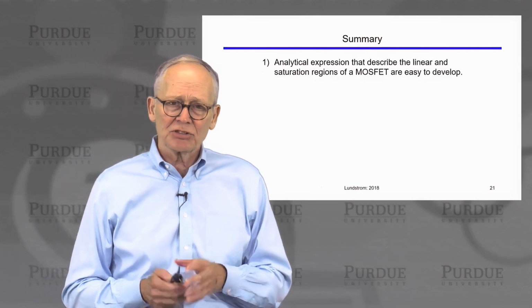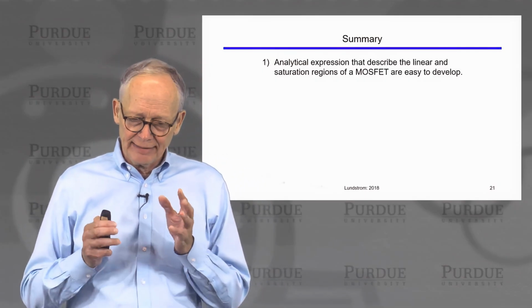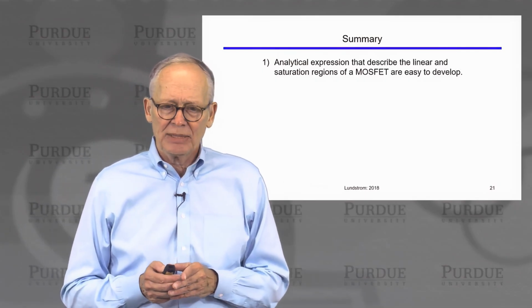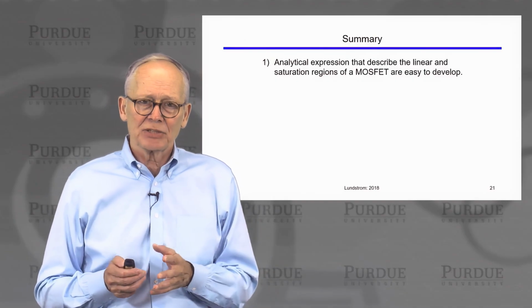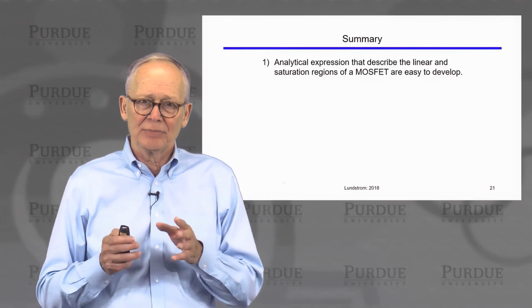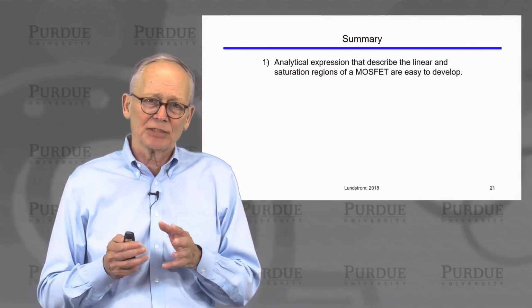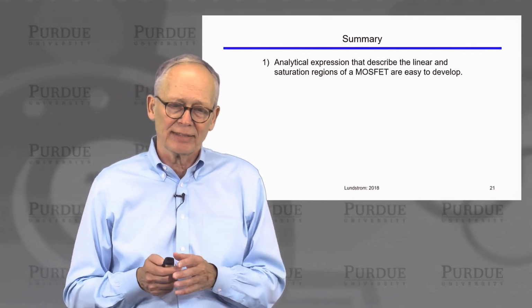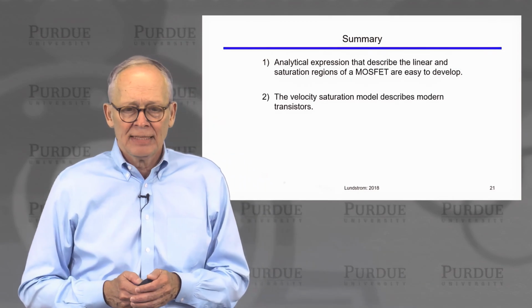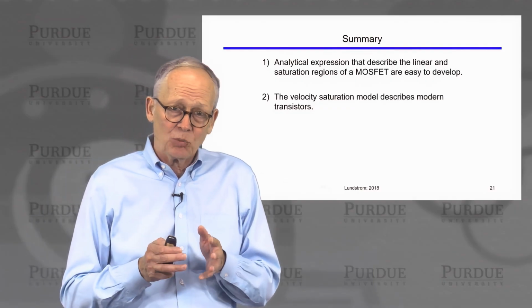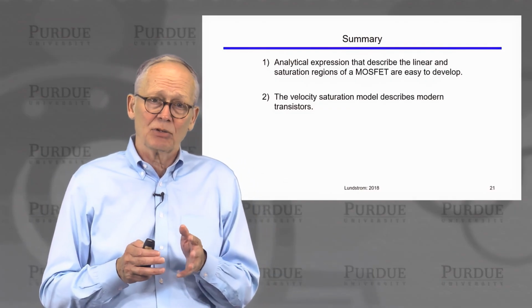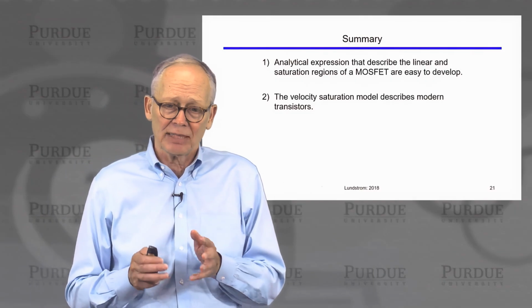Okay, so just to summarize what we've done in this particular lecture, we've developed analytical expressions that describe the linear and saturation regions of a MOSFET, and we've seen that it's relatively easy to do this. We've done it in a couple of different ways. One way that we did this was to invoke the so-called velocity saturation model.